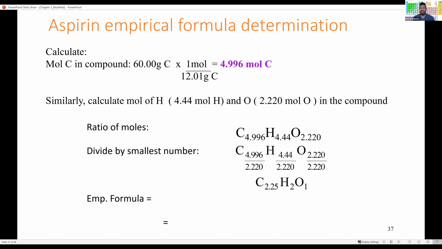Just like I mentioned before, if you have a weird 2.25 or 2.33, you multiply the entire ratio by a whole number that will get all of these subscripts as whole numbers. And that would be 4 for this case. If you multiply 2.25 by 4, you get 9.